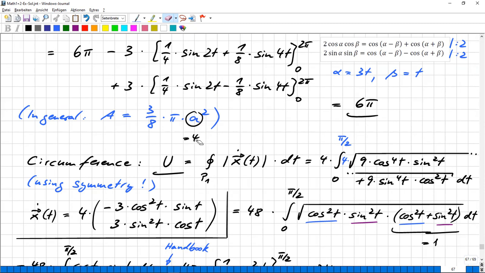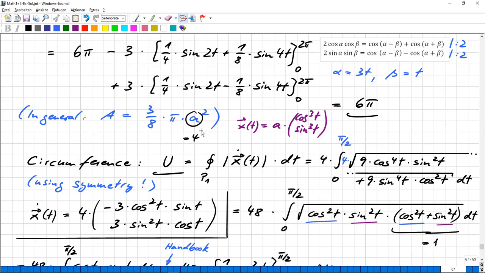You know what I mean? In Wikipedia, I didn't open the page right now, you will find something like x vector of t will be a times cosine cubed of t, sine cubed of t. In our special case, we used a equal to 4. Now just insert this here.